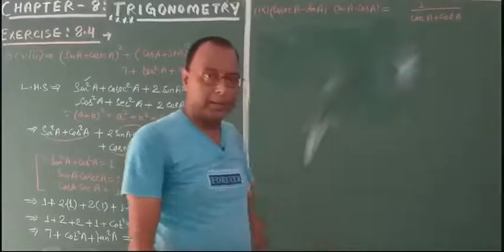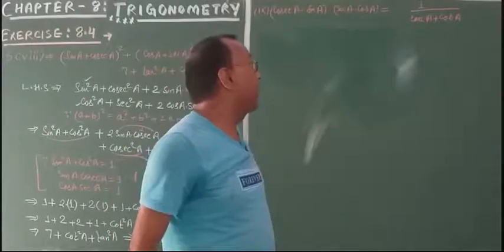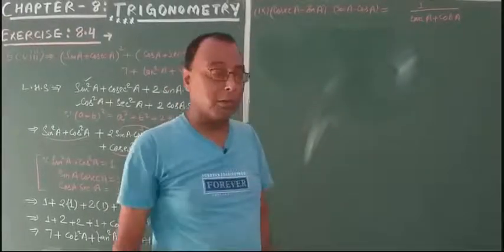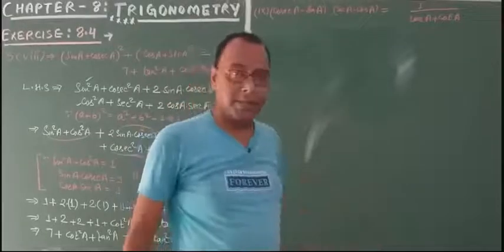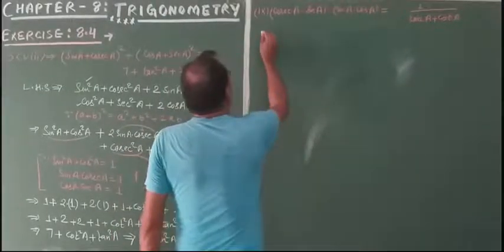To prove that cosec A minus sin A multiplied with sec A minus cos A is equal to 1 upon tan A plus cot A. Just look at the left hand side.